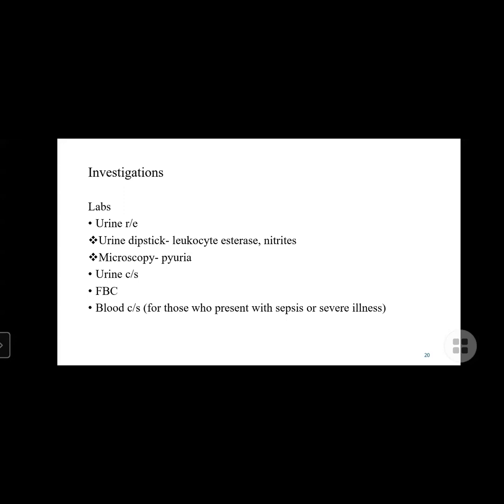The enzymes in the organisms that cause UTI are able to break down nitrates, which are found in normal urine, to nitrites. So when your nitrite is positive on a urine dipstick test, it usually indicates that there is bacteriuria. However, we should note that a negative nitrite test doesn't always rule out an infection.